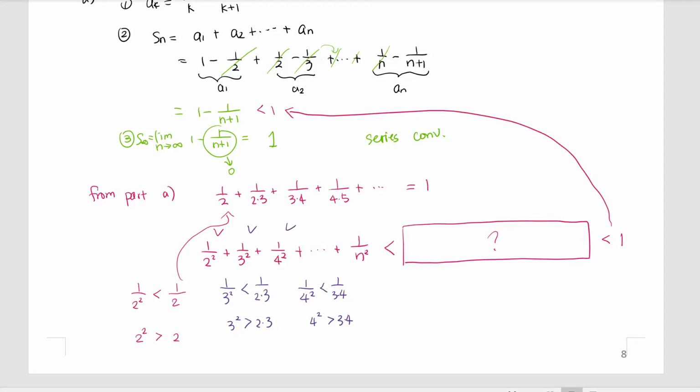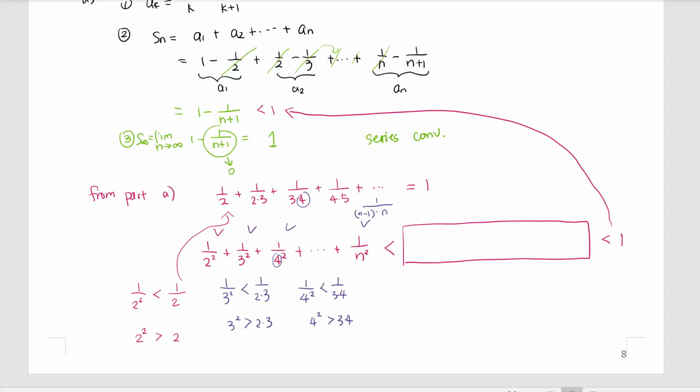So now what's the pattern? If it's 4, then the later index is 4. So if it's n, then the later index is n, then the previous one is n minus 1. So what do we fill in here?